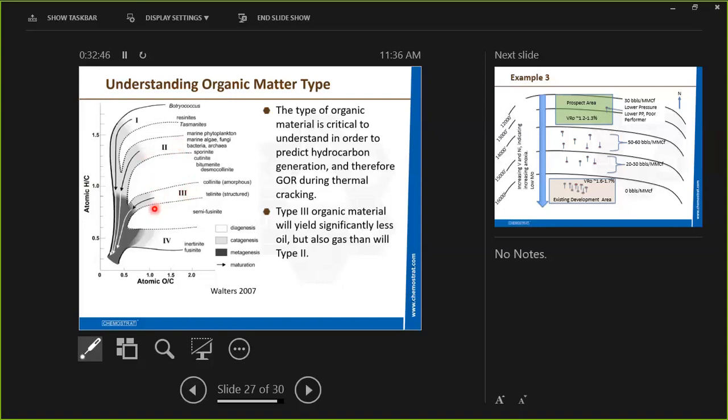Now, one of the challenges I'll bring up is that, as you can see here, as you become more thermally mature, everything moves down to the zero axis. So a challenge with using this, and sometimes other types of organic analysis, is that you can get some idea about the potential if you have an immature sample. But if you have a sample that's fairly mature, something that's 1.1, 1.2, 1.3 vitrinite reflectance, a lot of this is already cooked out and moved down to the origin.